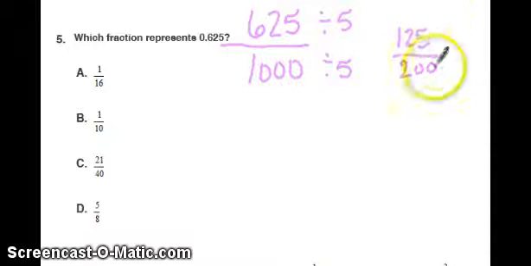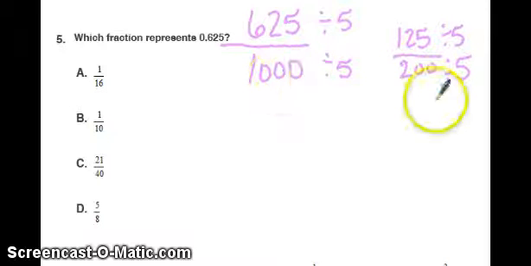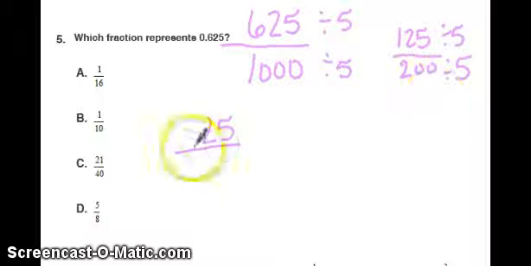I see again, I still have the common factor of 5. So I'm going to divide by 5 again. And 200 divided by 5, see, 125 divided by 5 is 25. And then 200 divided by 5 is 40, I think.